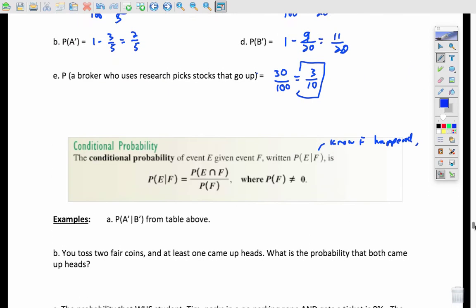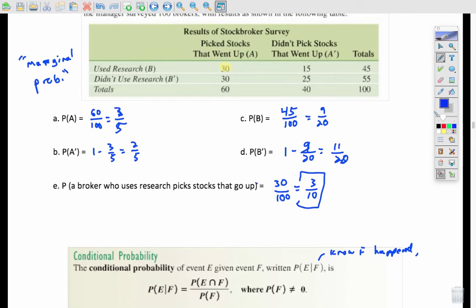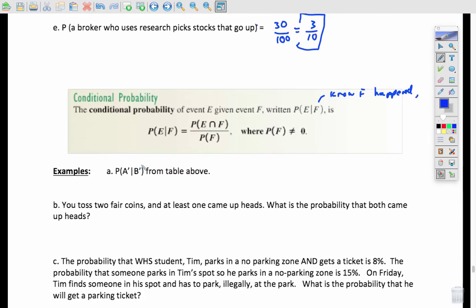What's the probability that I have a broker that did not pick stocks that went up, assuming they did not use research? Okay, so let's start with the fact that this B complement, we know.